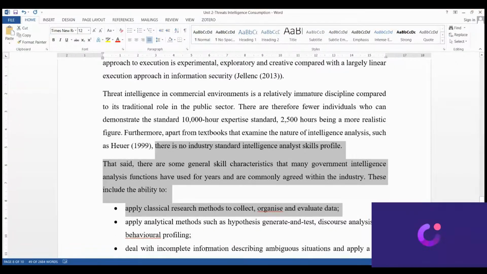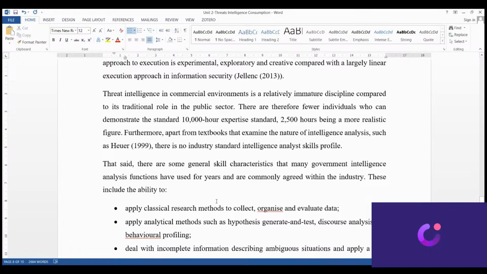Okay, these are some general skills characteristics that have been agreed upon and used for years. These include the following.